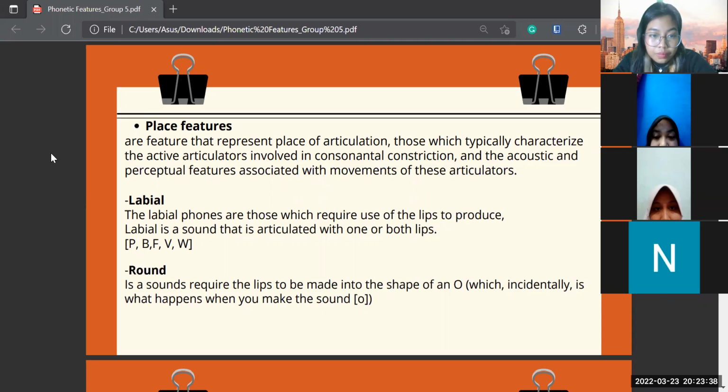The labial phones are those which require use of the lips to produce. Labial is a sound that is articulated with one or both lips. So P, B, F, V, W. The next is round. A round sound requires the lips to be made into the shape of an O, which incidentally is what happens when you make the sound O.